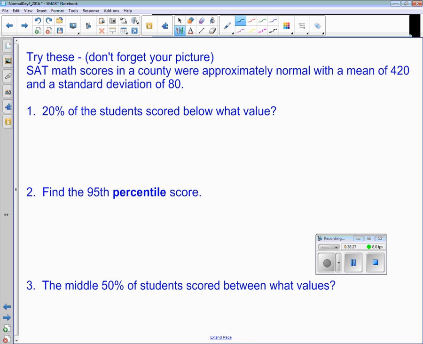Let's do the first one together. 420. 20% of the students scored below what value? That's another way of saying the 20th percentile. So we expect that number to be pretty small.